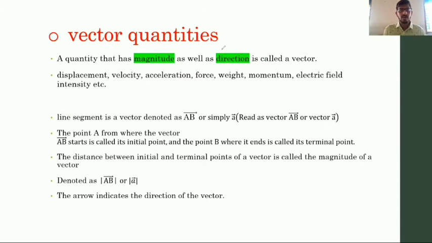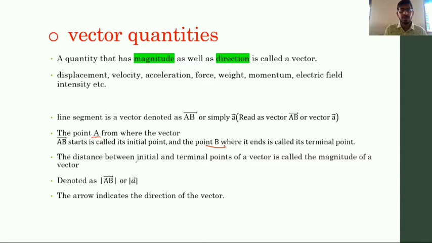A line segment is a vector denoted as vector AB or simply vector A, read as vector AB or vector A. The point A from where the vector AB starts is called its initial point, and the point B where it ends is the terminal point.